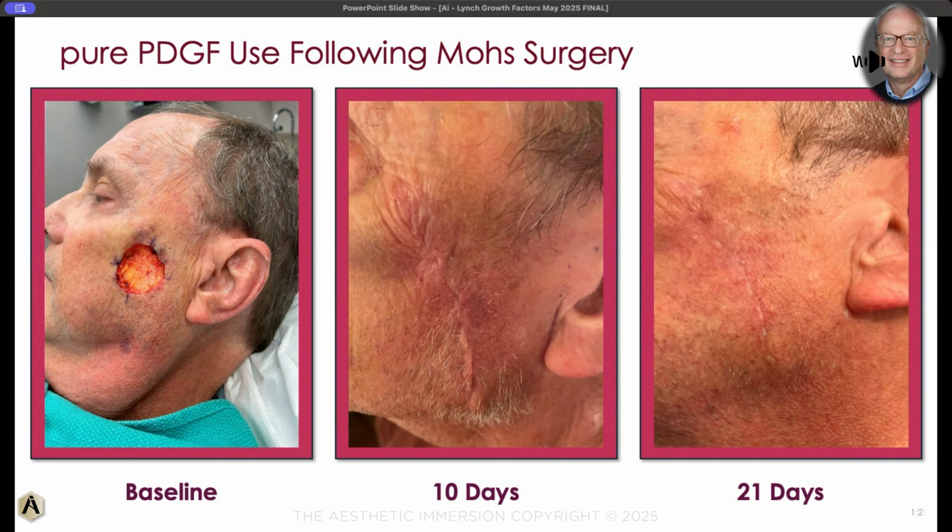What we did was file an IND for a clinical study to treat Mohs patients immediately after cancer excision. The FDA came back to us and said, this product is already approved for treatment of skin wounds, you don't need an IND. Just go forward.